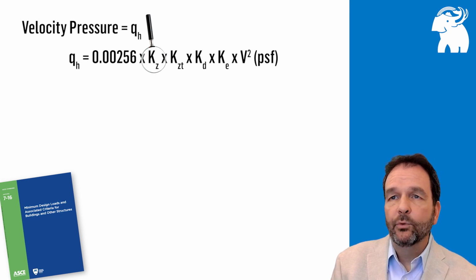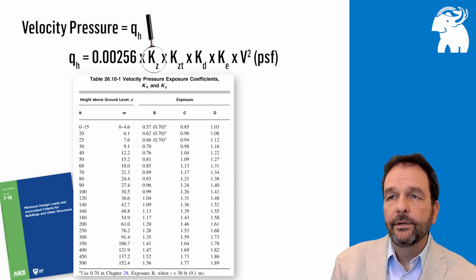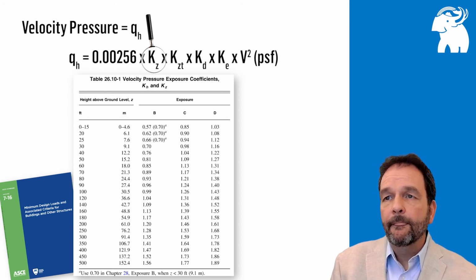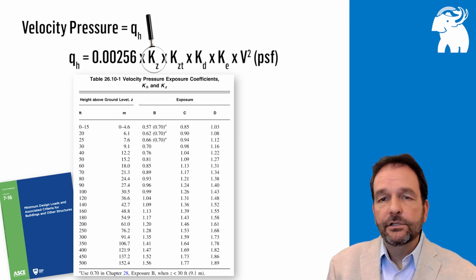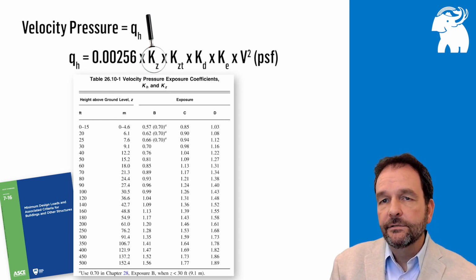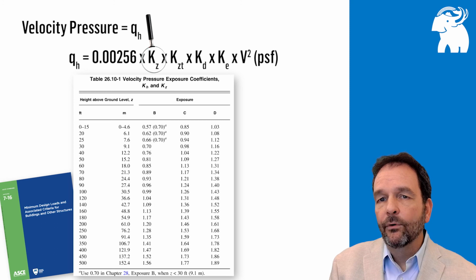Here in table 26.10-1, you find the velocity pressure coefficients for surrounding terrain or your ground roughness B, C, and D, and these exposures are defined in ASCE 7-16 for the surrounding terrain of your building.